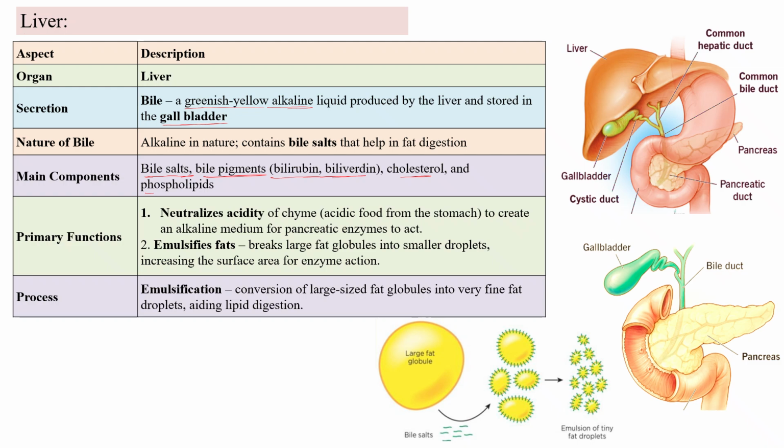Now, what is the role of bile salt? It emulsifies fat. Emulsification means breaking a large fat globule into smaller globules to increase its surface area, which will aid in digestion and absorption. So emulsification is simply the breaking up of a large fat globule into smaller droplets.